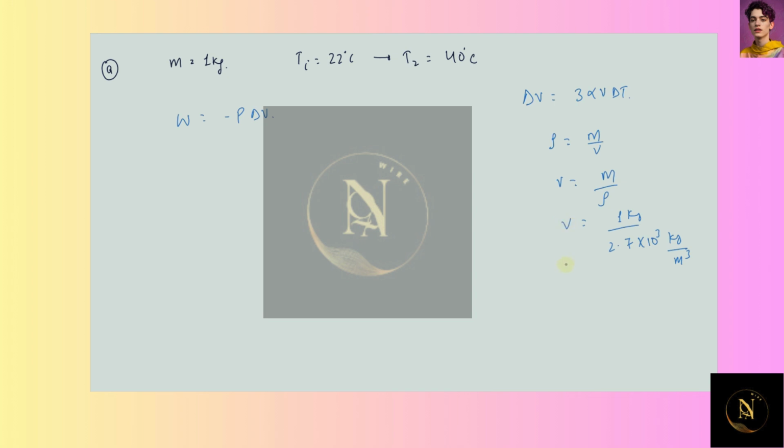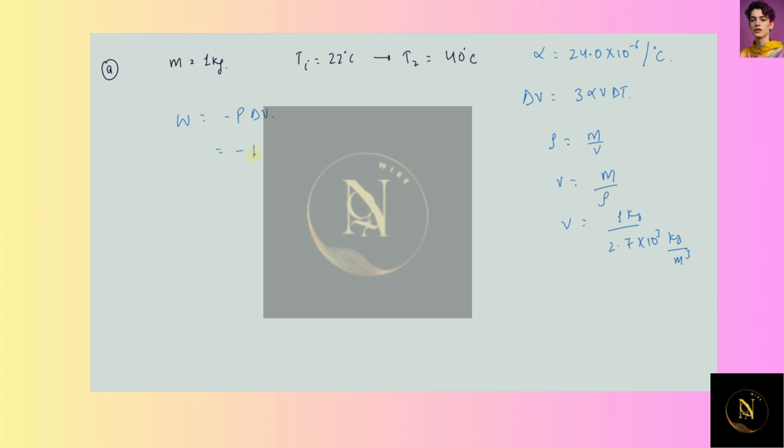So this is the volume, and the coefficient of thermal expansion in case of aluminium is 24.0 into 10 to the power minus 6 per degree Celsius. And delta V we can calculate after plugging all the values here.